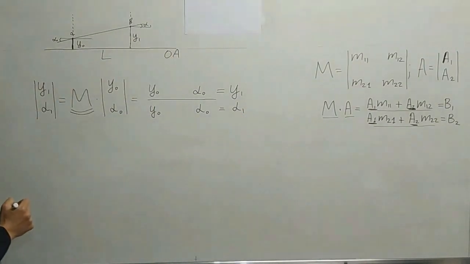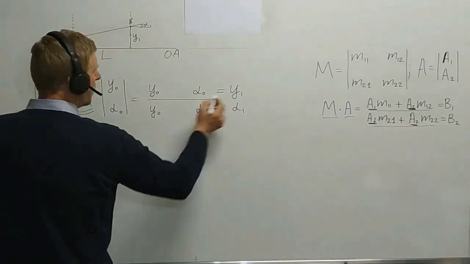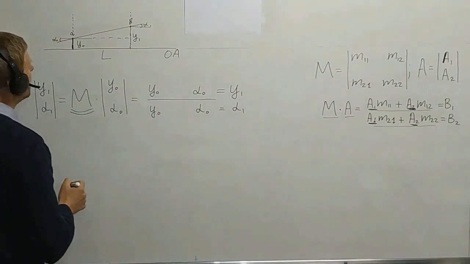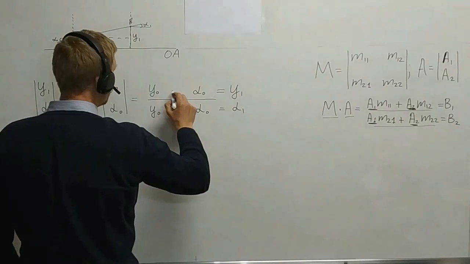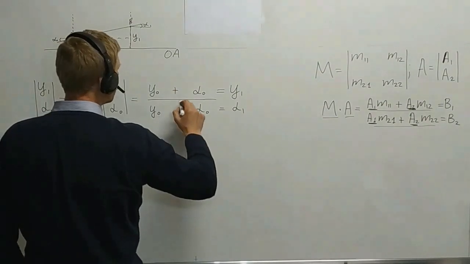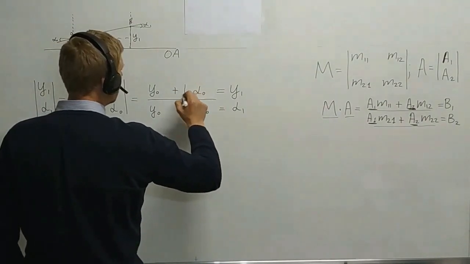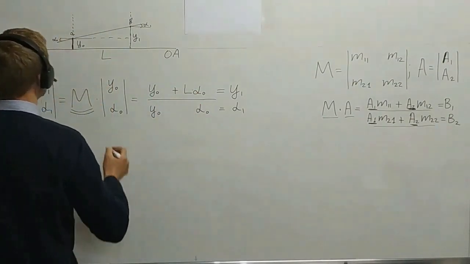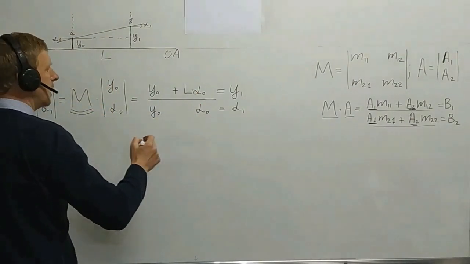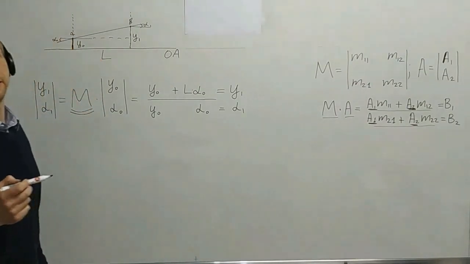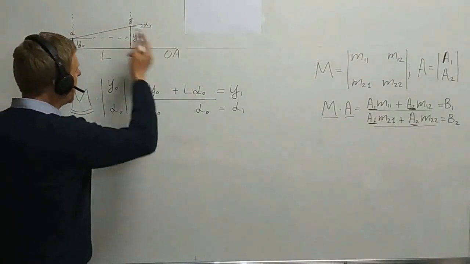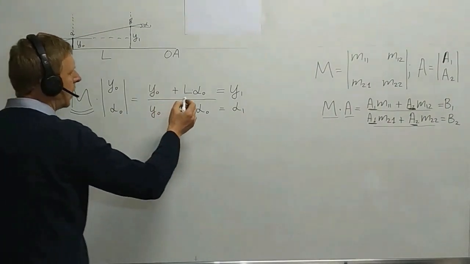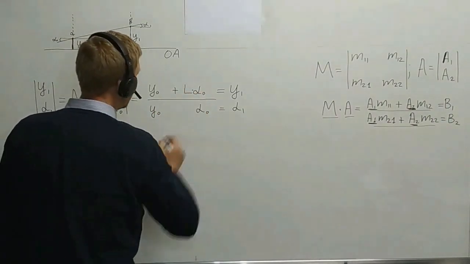So how am I going to do it? y1 from this triangle is simply equal to y0 plus L, which is a distance, times alpha 0. Basically it is times tangent of alpha 0, but in paraxial approximation we are saying that the tangent of alpha is approximately equal to alpha.